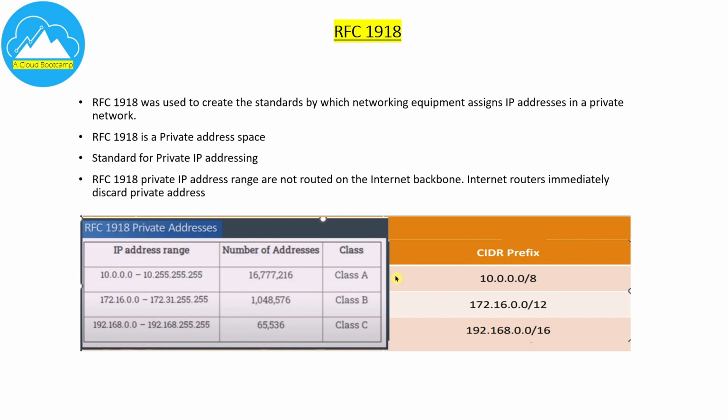But class A ends with /8, 10.0.0.0/8 over here. This means in this CIDR prefix, we can have these many IP addresses or ranges as such. Similarly for class B and class C. Let me move to the next slide real quick.